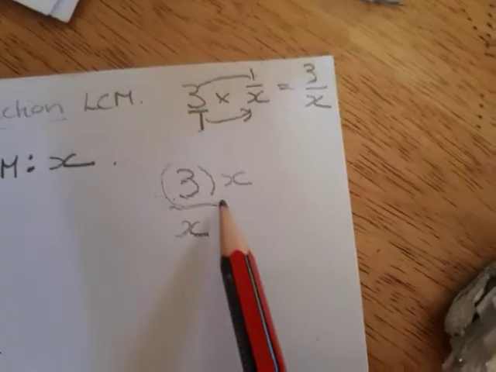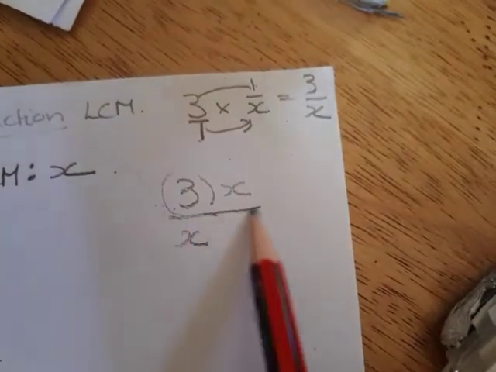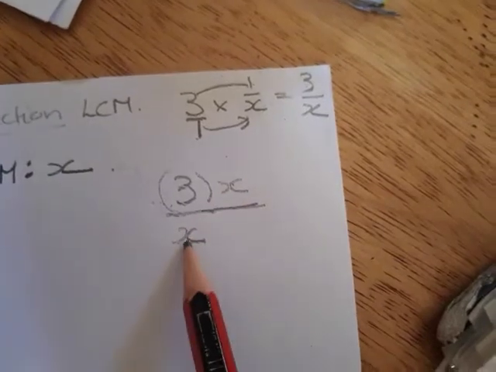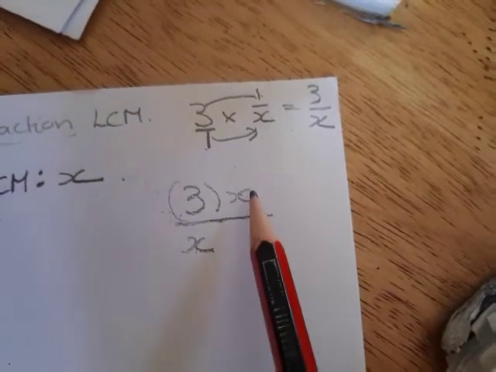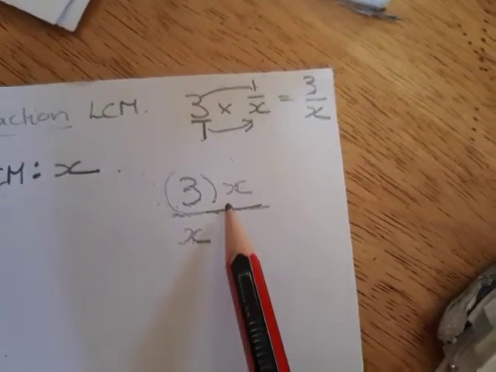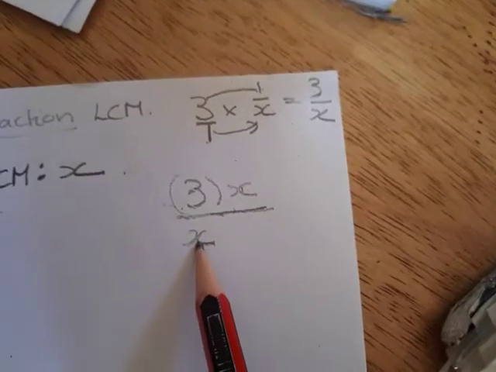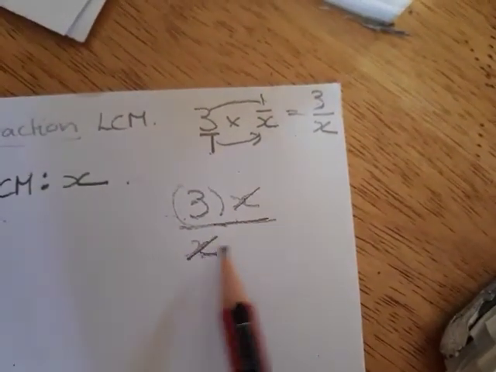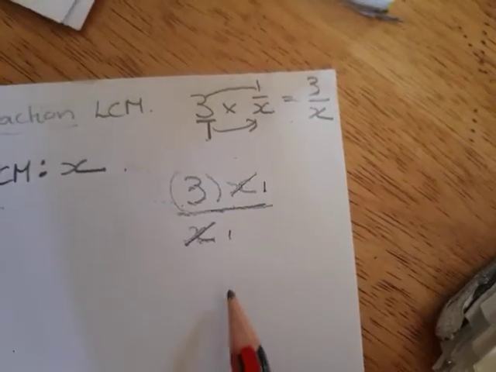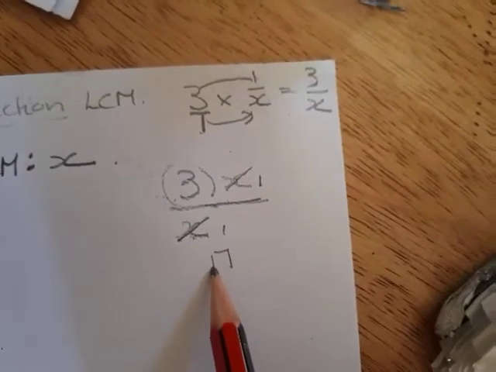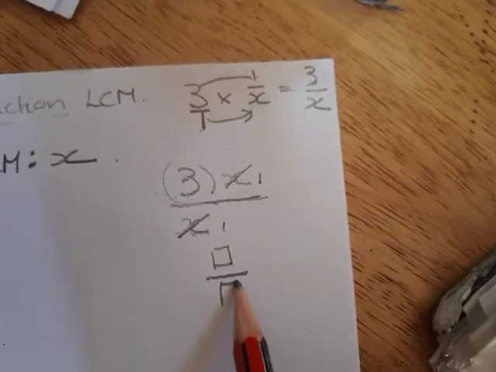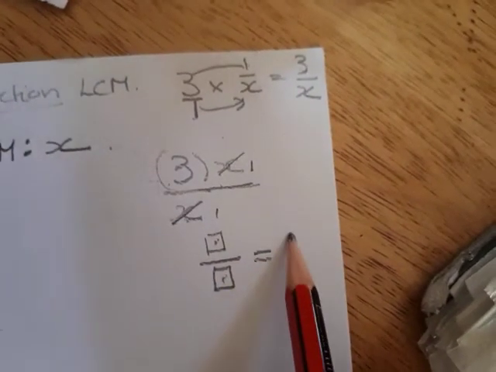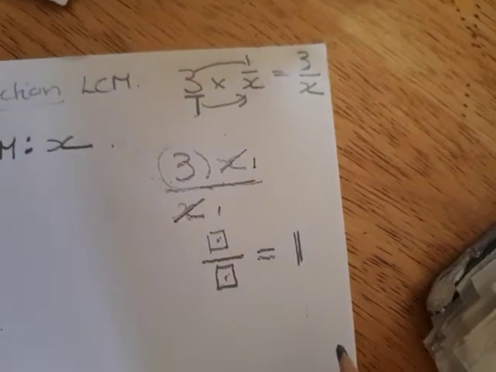If you make your fraction line longer, then here you've got x over x. That really means x divided by x, and x divided by x is equal to 1. I repeat, if you divide one number by itself, you will always get 1 as an answer.